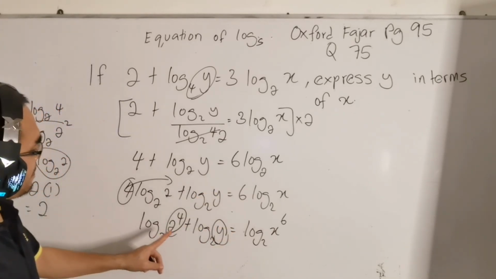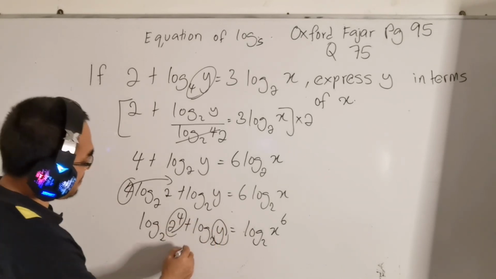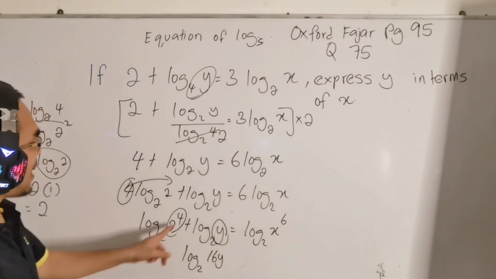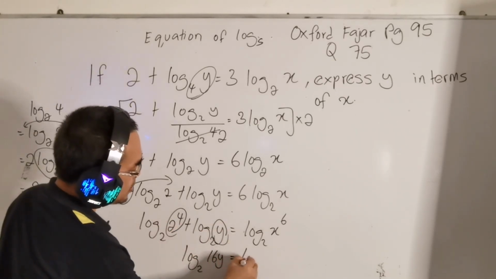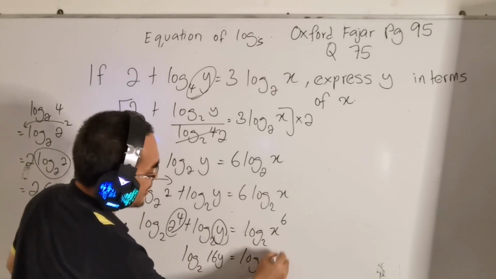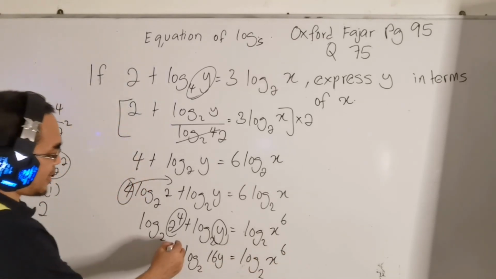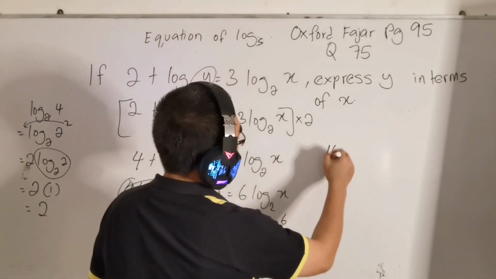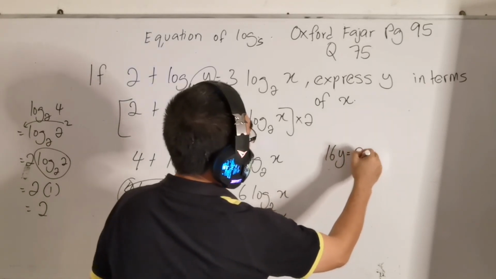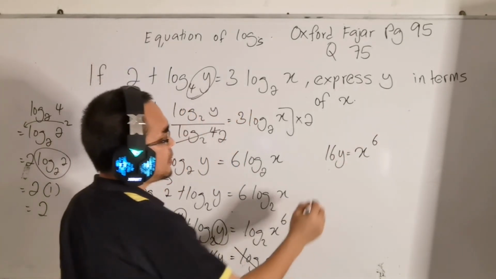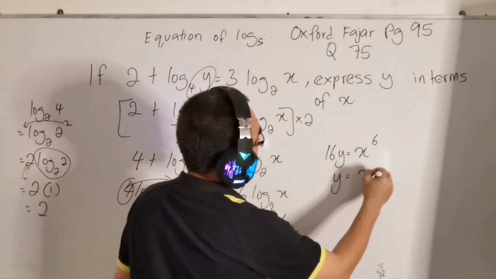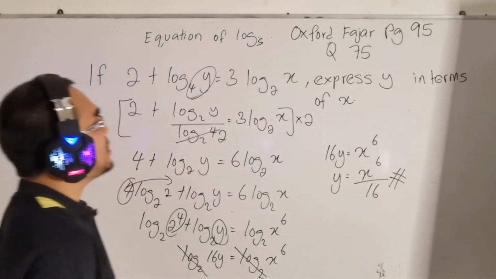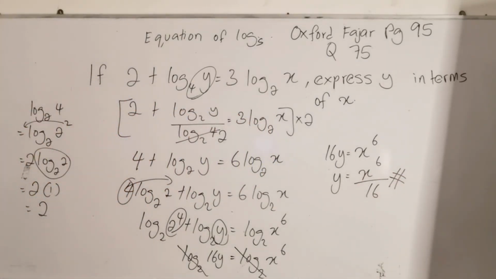If log plus log, the numbers become multiplied. So you have log 2, 16 times y equals log 2 x power 6. Now you can cut the log 2. So we have 16y equals x to the power of 6. So y is x power of 6 over 16. So that is the answer to the question, express y in terms of x.